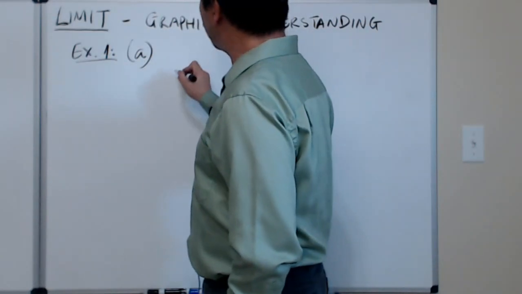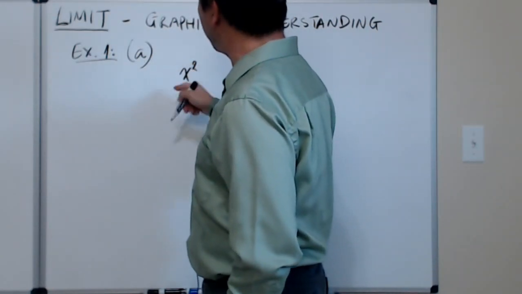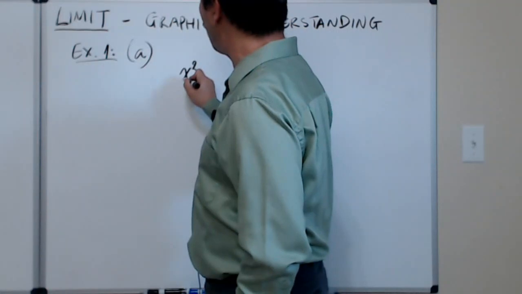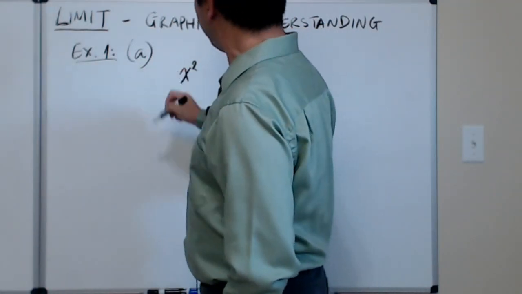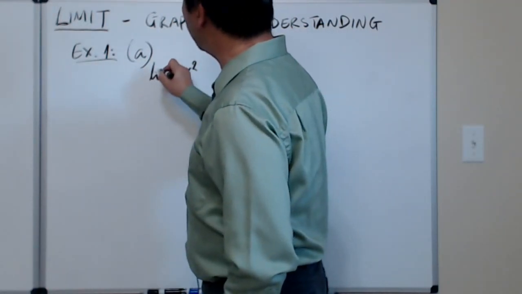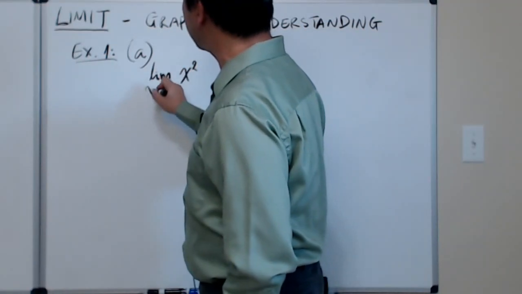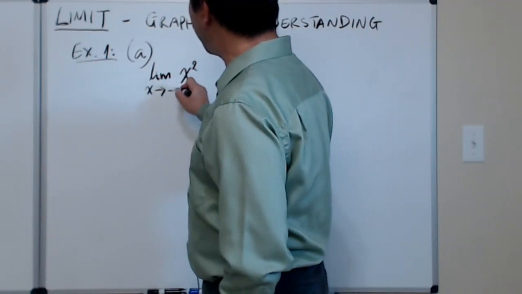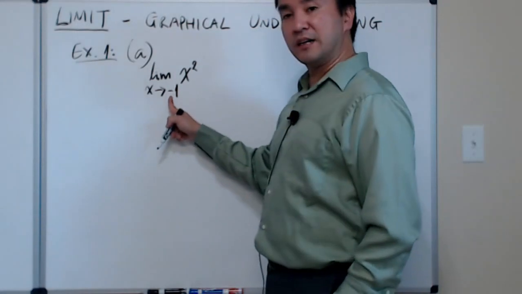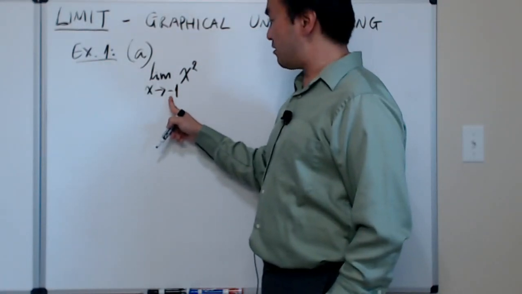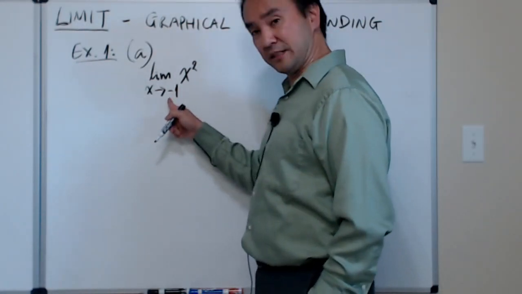We were looking at our function here in example 1a, an x squared function. And the problem wanted us to find the limit of this function as x was getting close to -1. So -1, keep in mind, was our limit point on the x-axis.